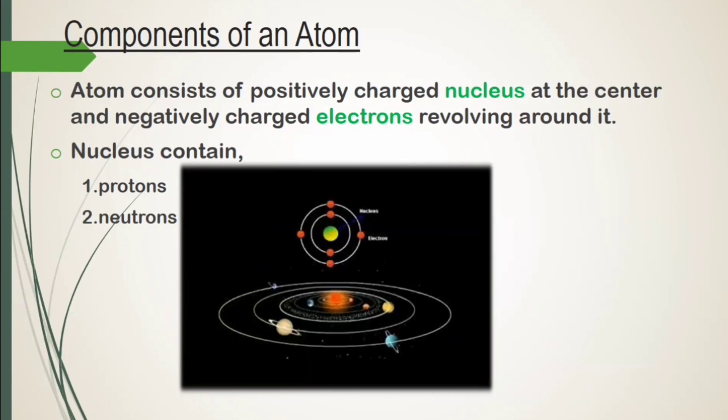Same as that, inside this atom, we can observe some particles spinning around, while some particles collected together are present within the center. If we zoom in, we can see two different types of particles present within the center.